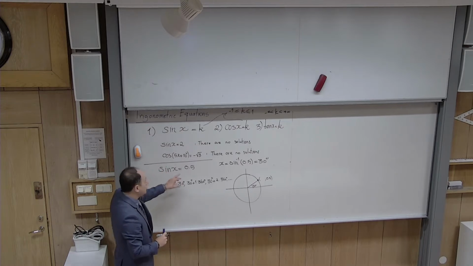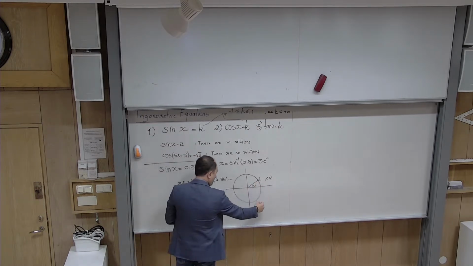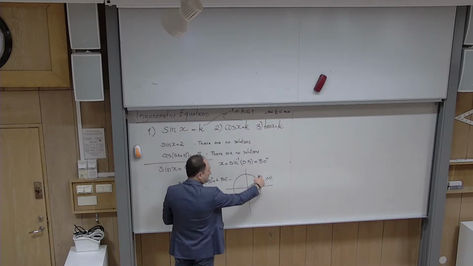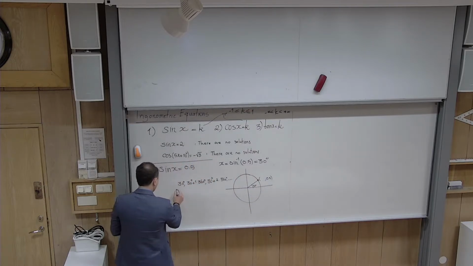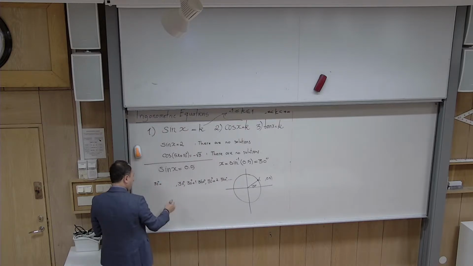But I can also go in the reverse direction. I mean that I can go here one full round, but in the opposite direction. So what does it mean? It means that I have my 30 degrees, but I have to go one full round in the opposite direction. Opposite direction means that I put a minus sign here.